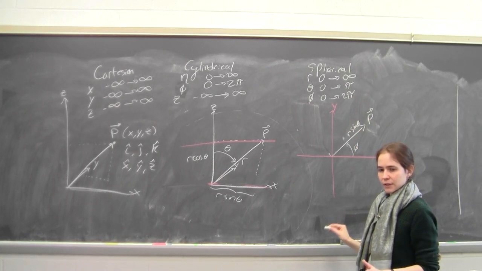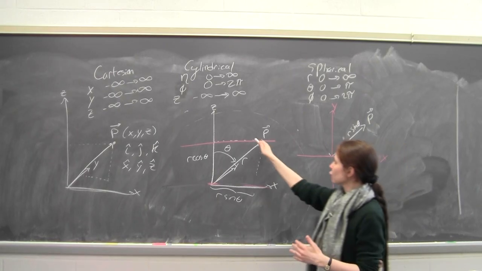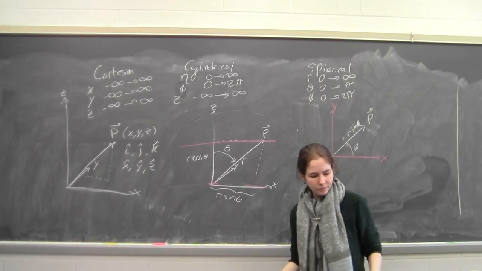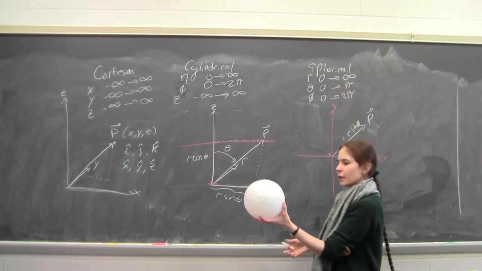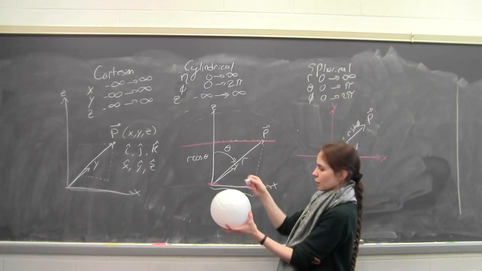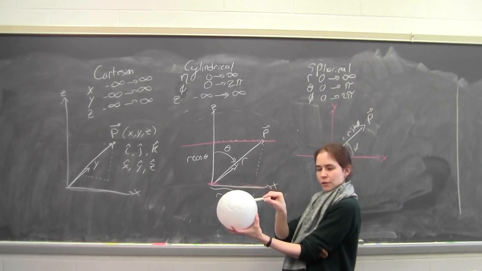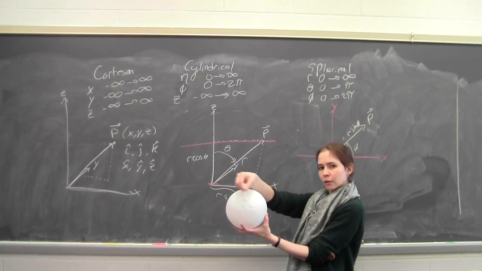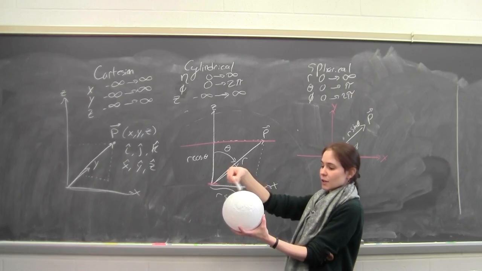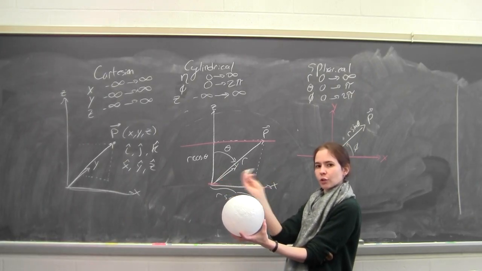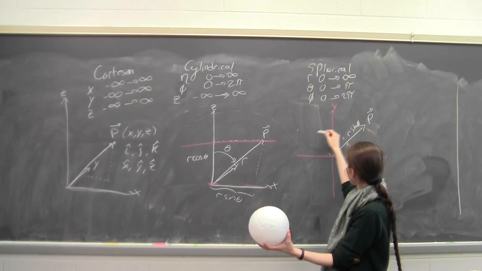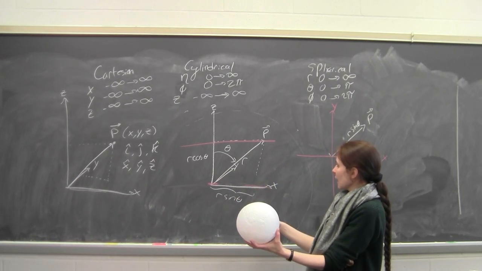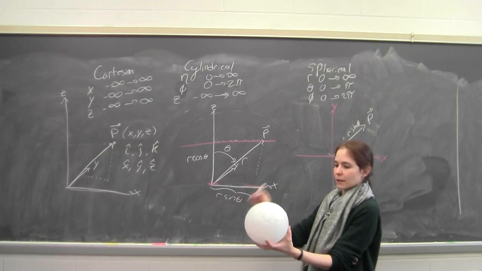Why does it have a length r sine theta? Remember that this is the projection of this vector down into the xy plane. And so in a sphere, let's say that this is occurring somewhere in this part of the sphere. This part of the sphere has a smaller radius, if you're just considering a cross-sectional circle, and so that radius is described by r sine theta.